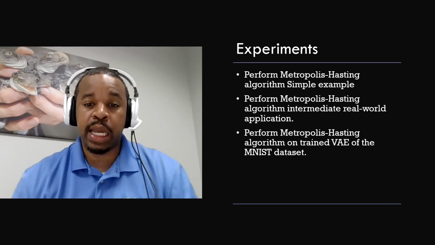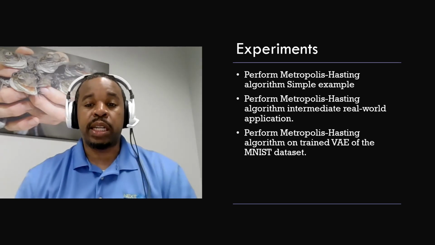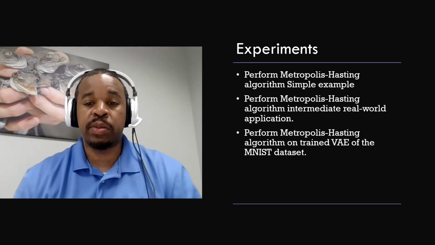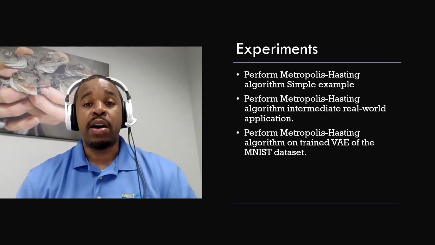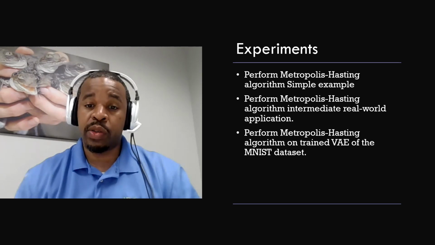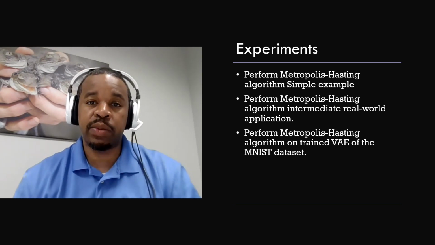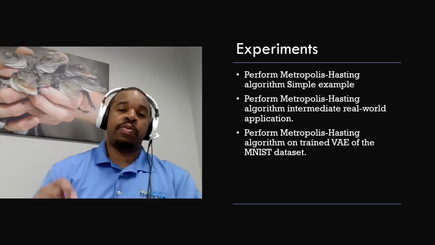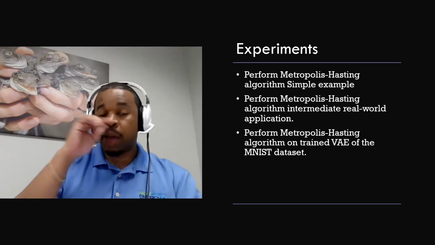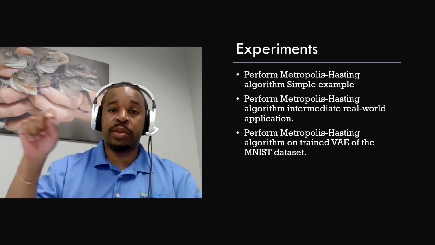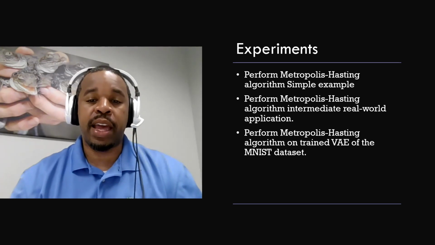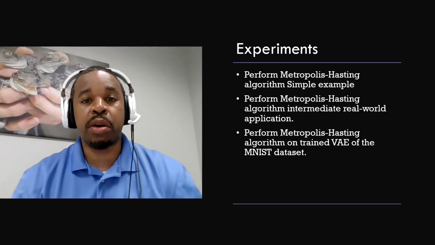And lastly, we will do some machine learning application using the Metropolis Hastings algorithm on a variational autoencoder on the MNIST dataset, which is where they took several samples of people drawing numbers. And the VAE is a variational autoencoder.